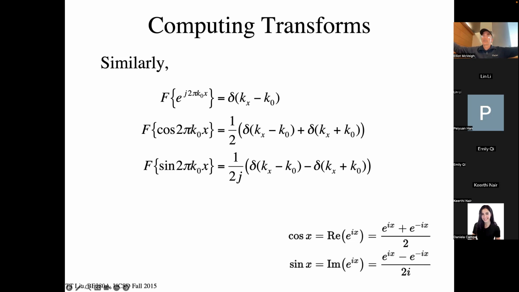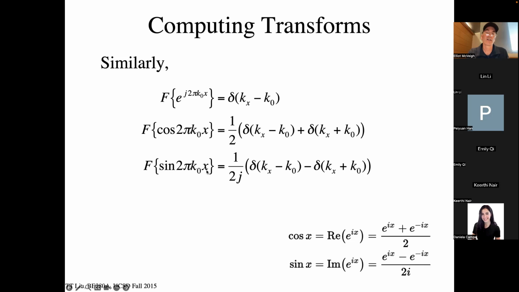When I take its Fourier transform, I get a symmetric function in the sense that I get a delta function at kx equals k naught, and a delta function at kx equals minus k naught. So I get two spikes, symmetric about the origin.